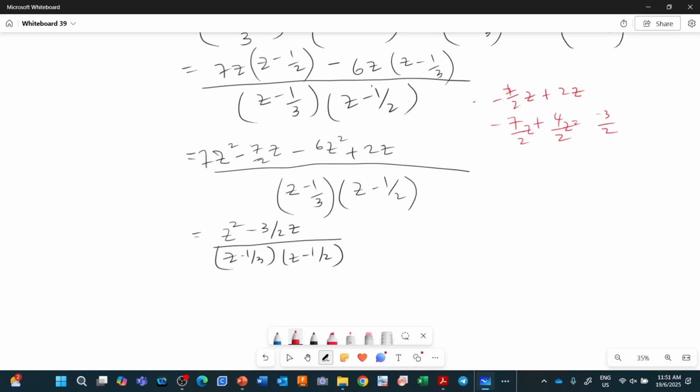I expand it like this: minus 7 over 2, plus 2. You want to make the denominator the same, so 2 times 2 is 4 over 2. 4 divided by 2 is 2, so you get 4 over 2 z. So minus 7 over 2 plus 4 over 2, then you get minus 3 over 2. Oh, you can press the calculator.